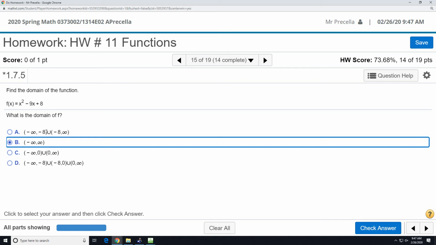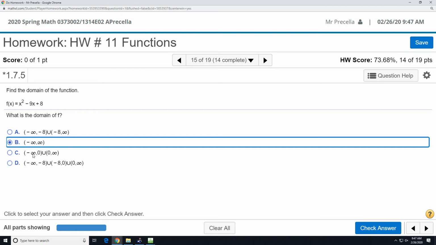Just to make sure you're getting the hang of this, answer choice A, if you had to write that out in words, it would be from negative infinity to infinity. So all numbers except what? What's answer choice A say? All numbers except negative 8.